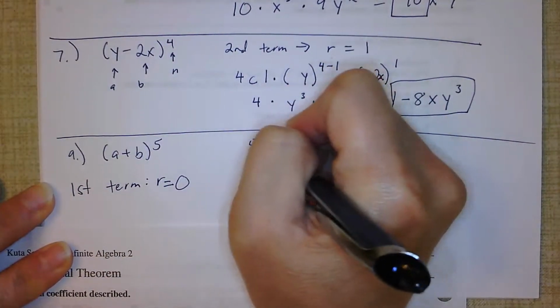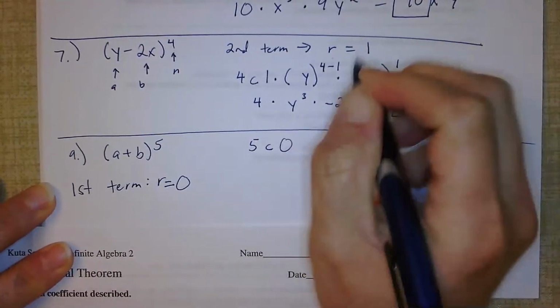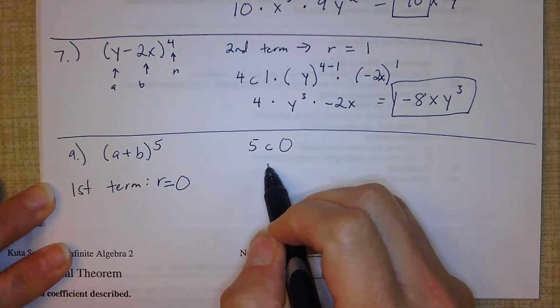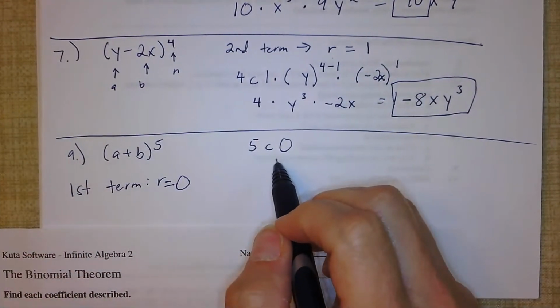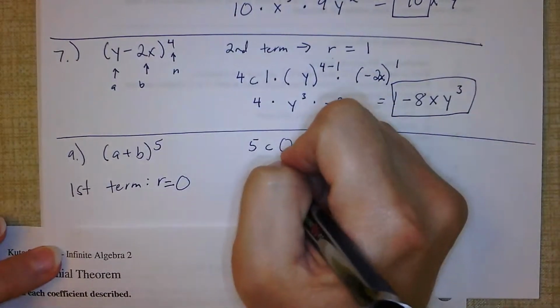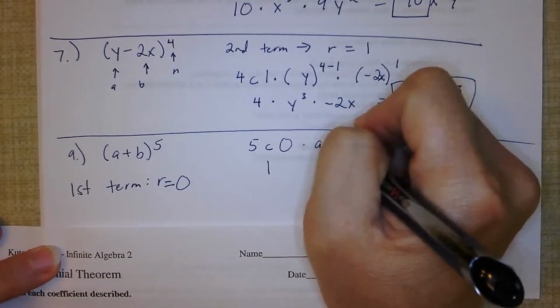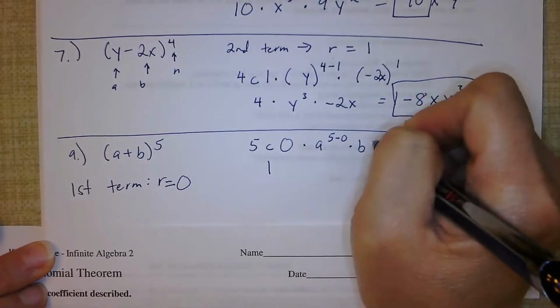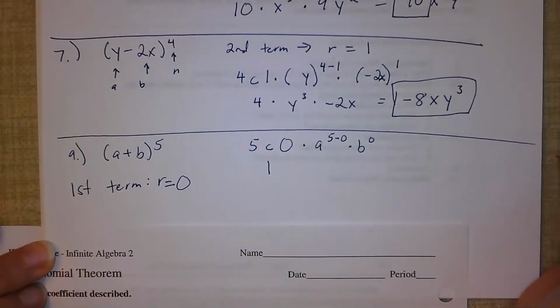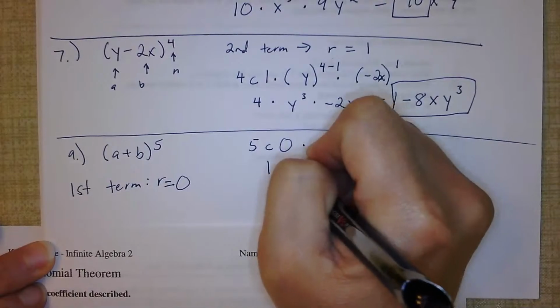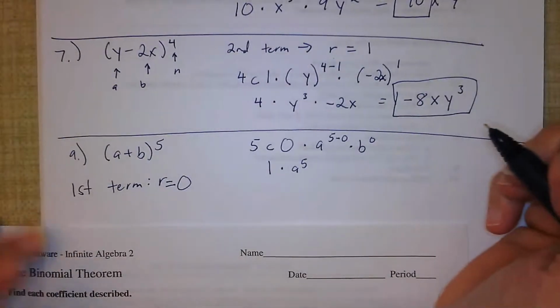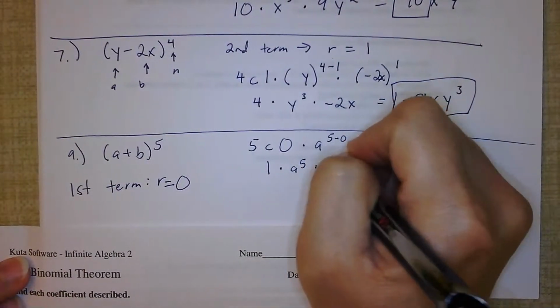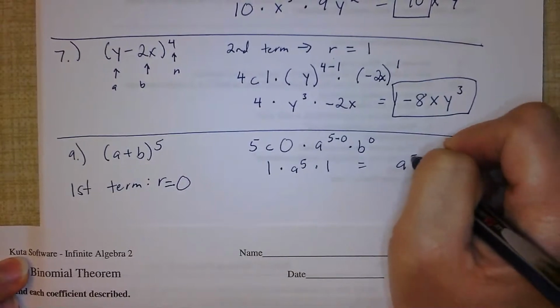So I'm going to do 5c0, which is always 1. If you think about it, if I have 5 items and I pick none of them, how many ways can I do that? 1, I get nothing. Times a to the n minus r times b to the r. Well, a to the fifth, and then b to the 0 is just 1. So my answer is just a to the fifth.